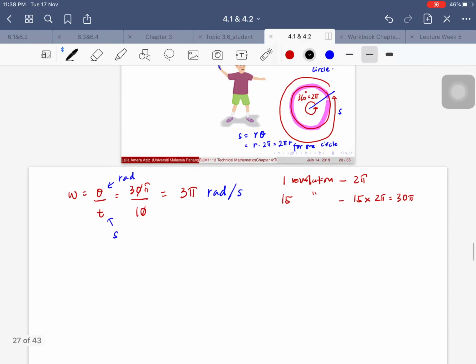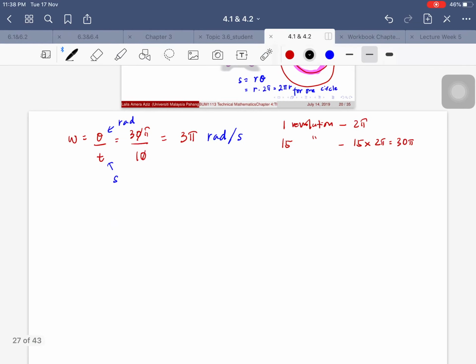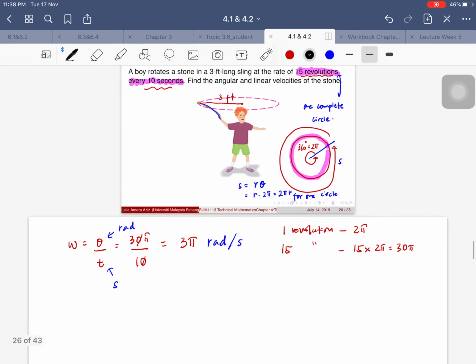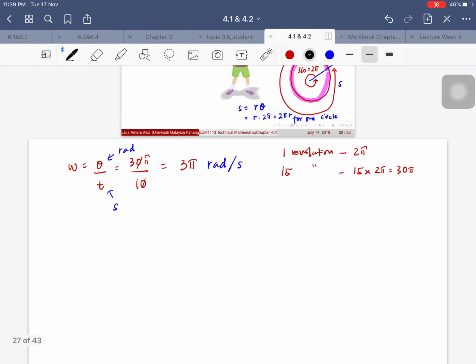And aside from angular velocity, we are also interested in the linear velocity. The linear velocity is given by nu, which is given by s over t, the distance divided by time. It's the same idea. For one revolution, the distance traveled for one complete circle is 2 pi r.